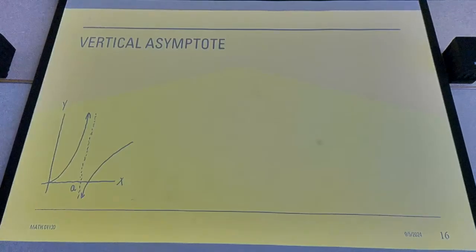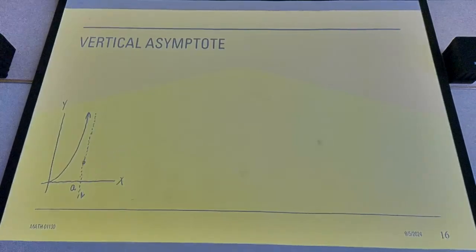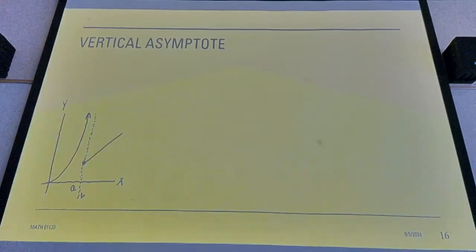Be careful. It's still a vertical asymptote. And it touches it. But I do agree with not crossing it. Can't cross it. They didn't really give you a definition in pre-calc. They kind of just showed you what it is.